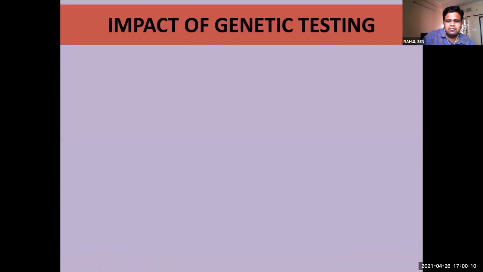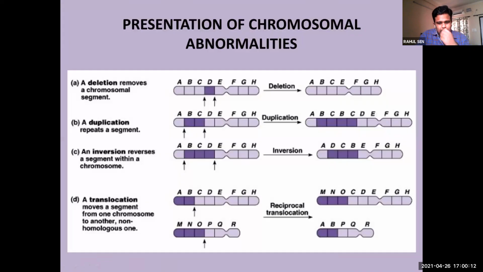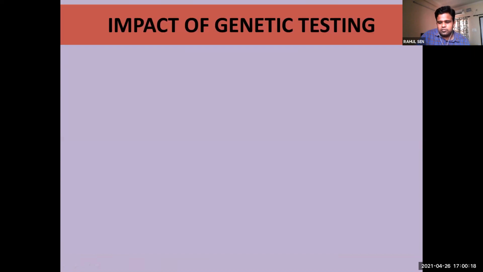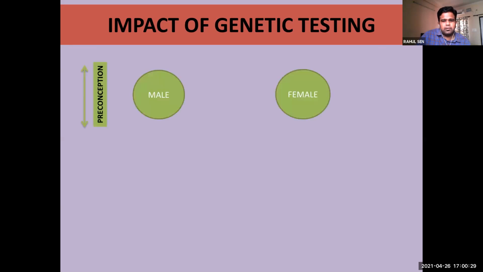So these chromosomal abnormalities have their role, or are somehow responsible for impacting or inhibiting or inheriting genetics to infertile couples. And this assessment can be done at the following stages: the preconception stage, where the male and female partner are individually analyzed, with each and every form of assessment, including genetic assessment as well.